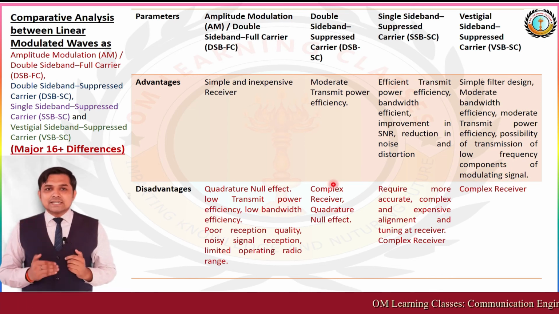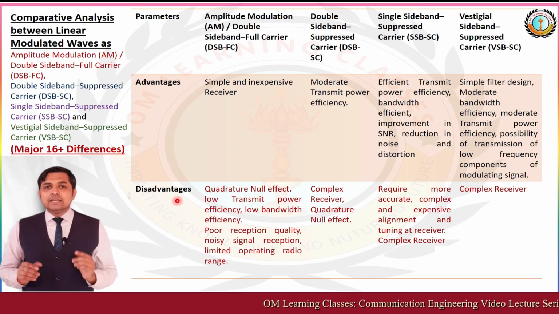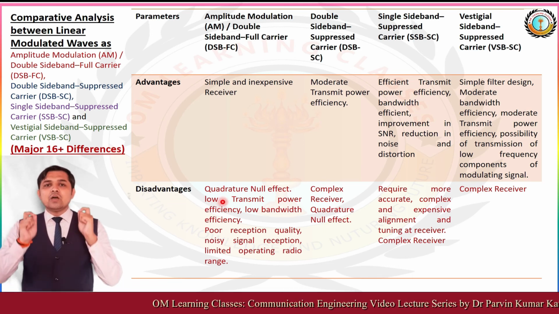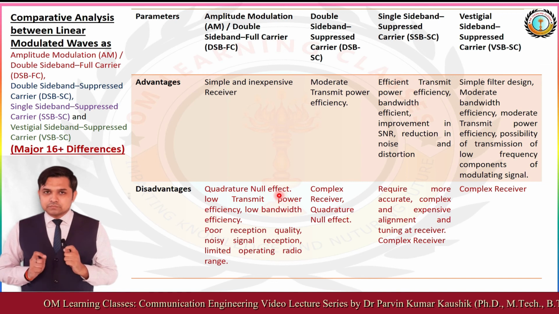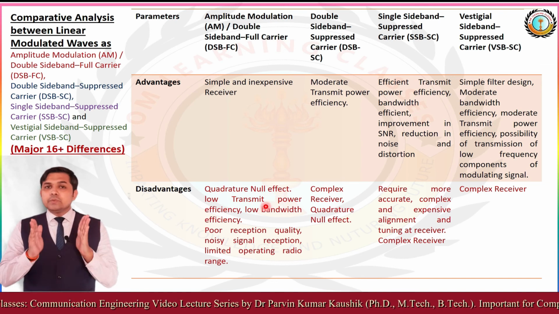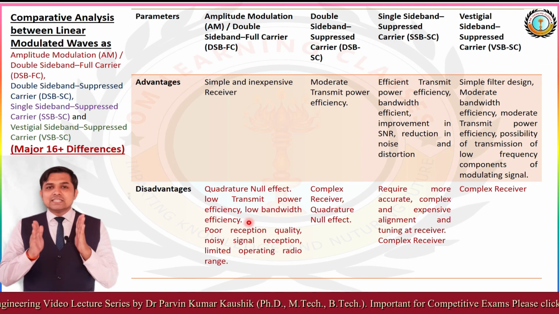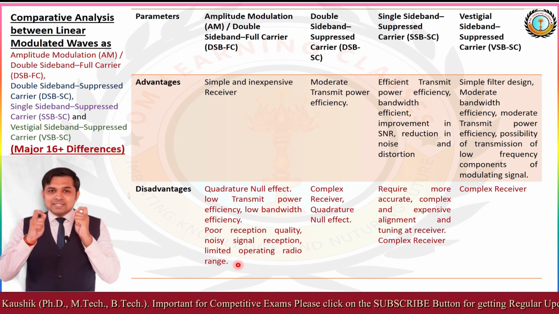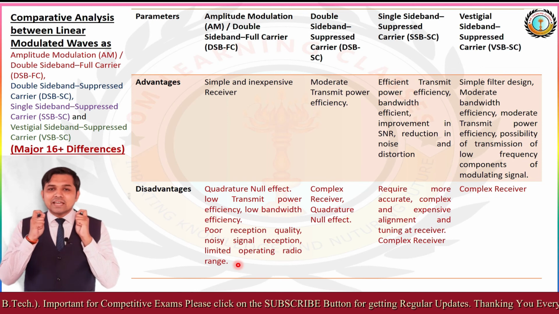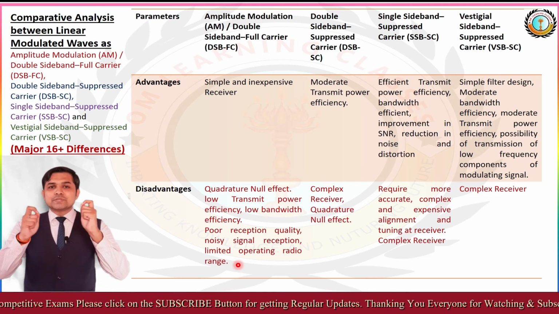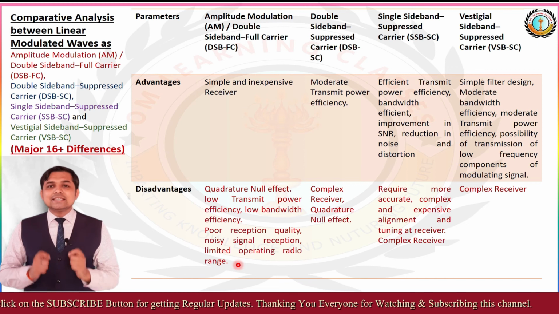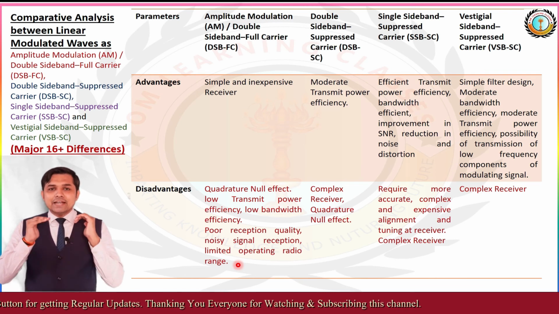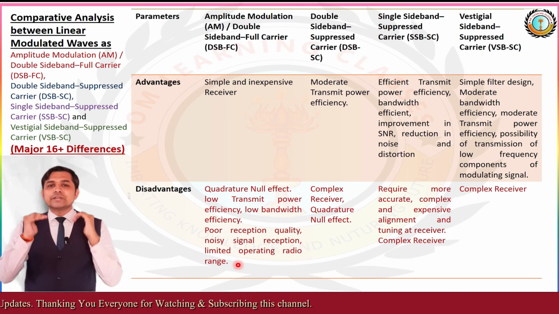Now if we consider the disadvantages, then in DSB full carrier we have the quadrature null effect. Then in DSB full carrier, the major disadvantages are low transmit power efficiency and low bandwidth efficiency, poor reception quality, noisy signal reception, and limited operating radio range.